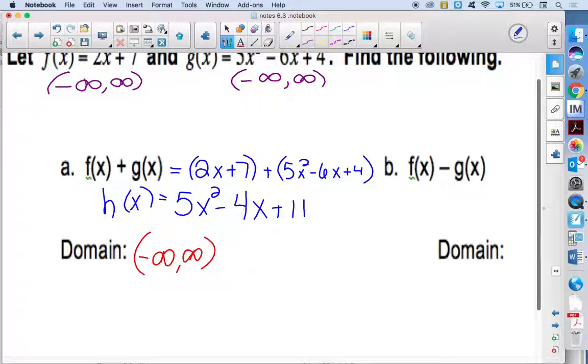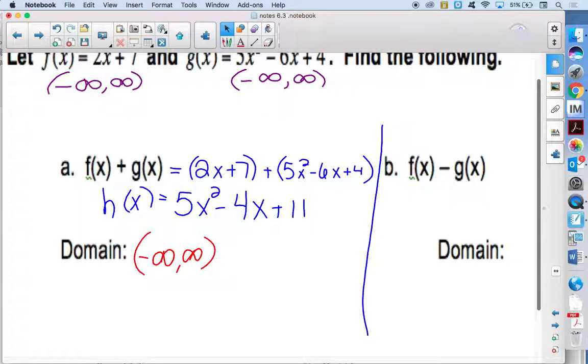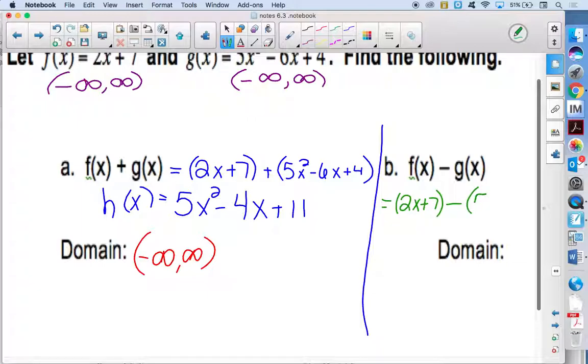So letter B, we have f of x minus g of x. So just be careful here. So 2x plus 7 minus the entire 5x squared minus 6x plus 4.